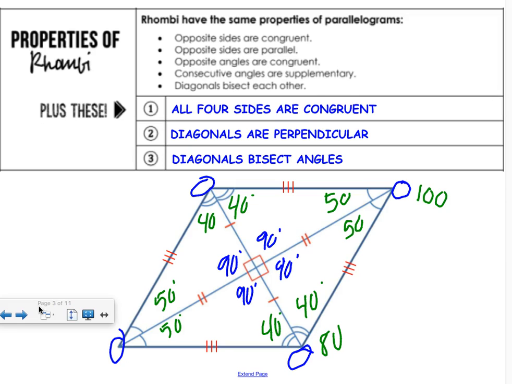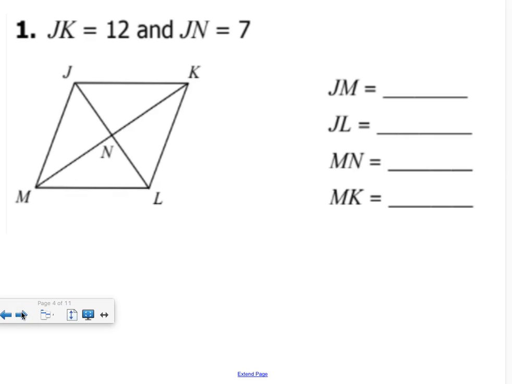Let's practice finding some side lengths on here, okay? So we're given it's a rhombus. JK is 12. And JN is 7. Do we know what JN is? Right? 12, all sides are the same. What about JL? 14.